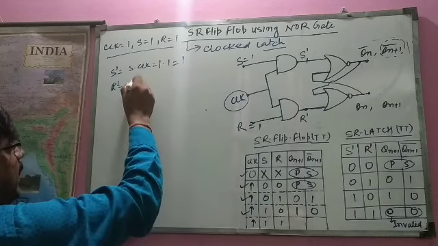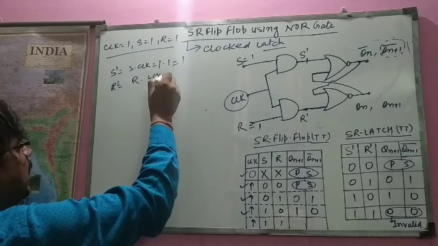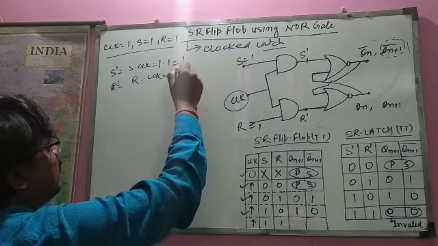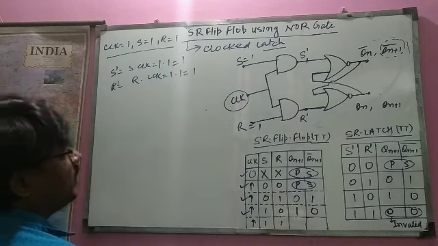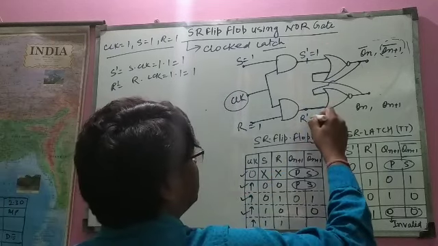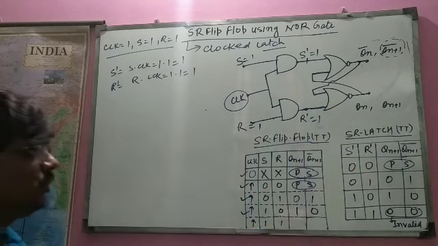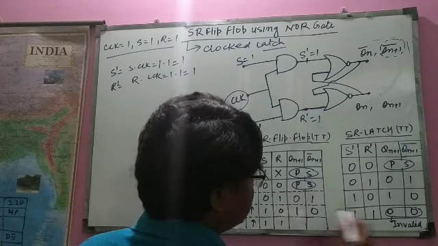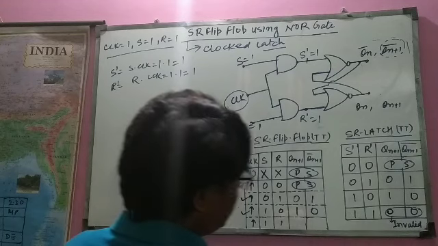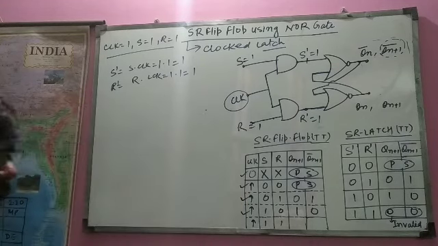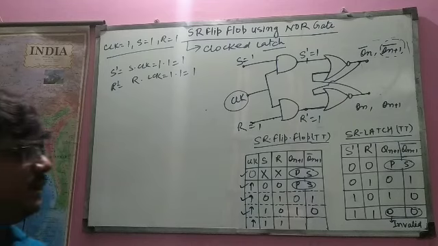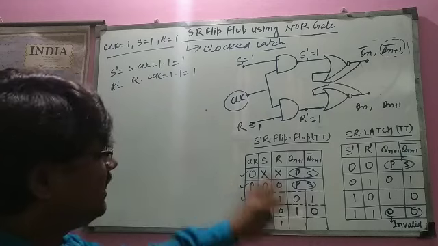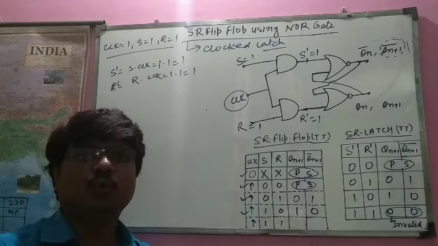R into clock: R is also 1 and clock is 1, so it will be 1. So see, this is the condition. When this is 1 and this is 1, it is going to be invalid. We can write it directly as invalid, or we will try to calculate here why it is invalid. I want to know.